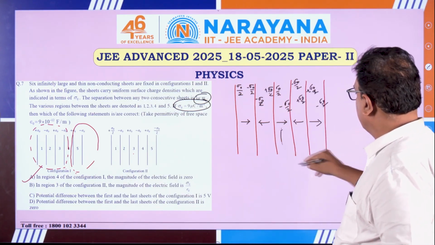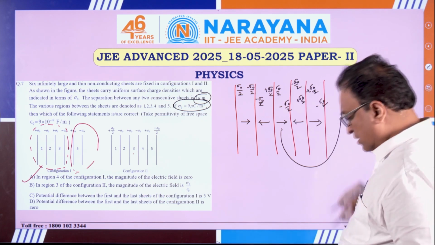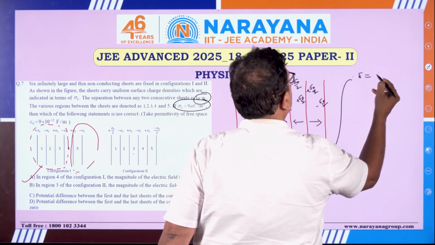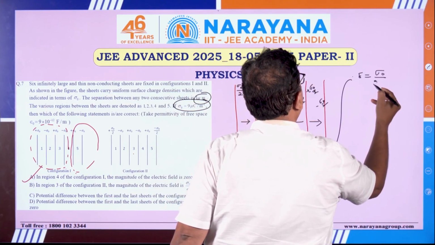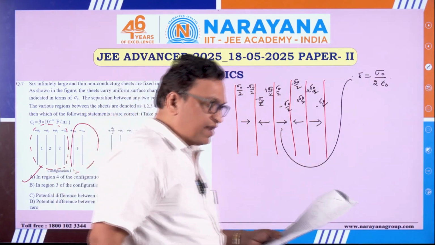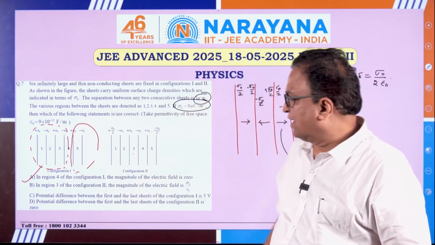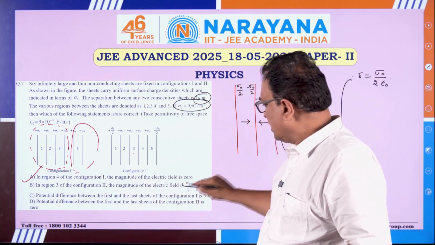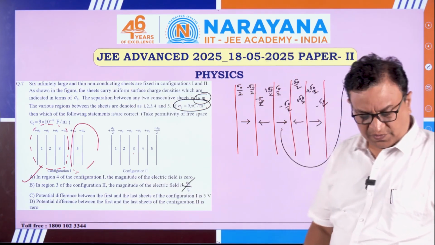Simply here the field is E equal to sigma naught by 2 epsilon naught. But you have been given the answer as sigma naught by epsilon naught. So that is a wrong option.